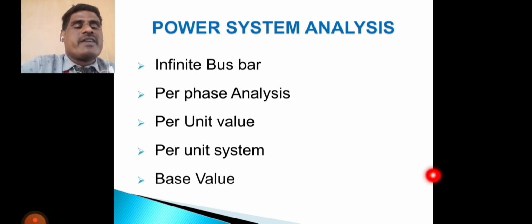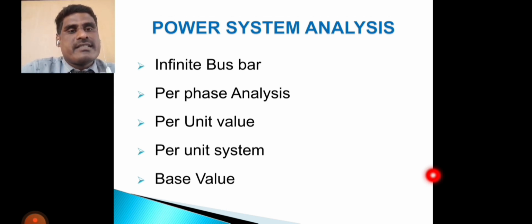And the next one is base value. What is the meaning of base value? How does base value come in the power system network? Let me give one simple example: an 11 kV generator and a 20 MVA generator. When 11 kV and 20 MVA are processed in the power system network, the reactance output is different, and the outputs are shown in the final stage.